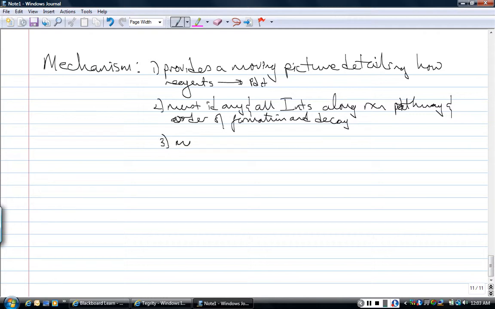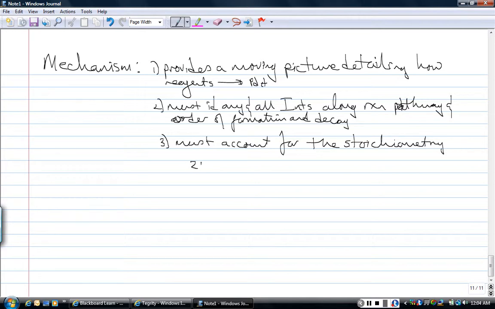It must account for the observed stoichiometry. In other words, if I tell you it's 1A plus 2B gives 3C, then when I write the mechanism and I add the steps together, this must be true. So the stoichiometry of the reaction is just a measure of the coefficients of the reagents, right?